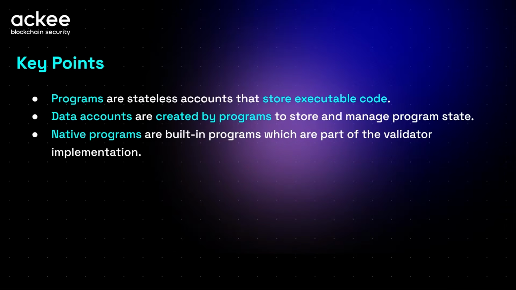And then you can have multiple types of programs. Let's call the programs which are created by developers custom programs. Then the second type are called native programs, and these are built-in programs which are part of the validator implementation. For example, you have the system program, and this system program is really important because your Solana wallet is owned by the system program.